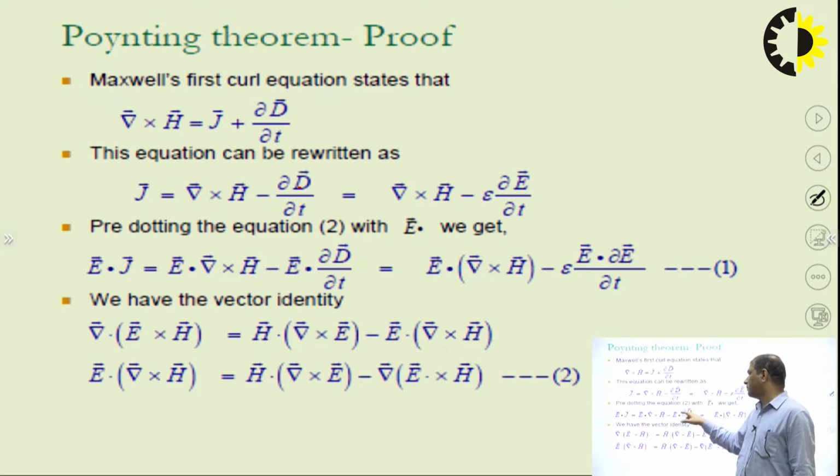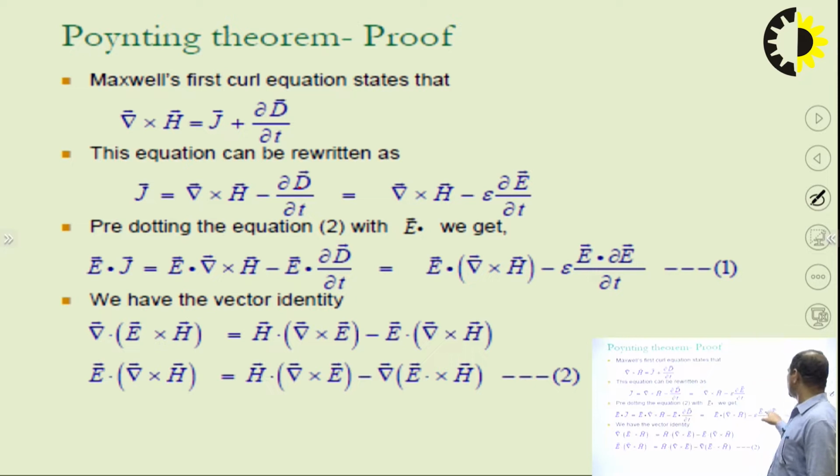So this will become epsilon into E dot dE by dt. We have named this equation as equation number 1. So we have arrived at this conclusion by using Maxwell's fourth equation and taking the dot product of that fourth equation from both sides with the electric field vector E.